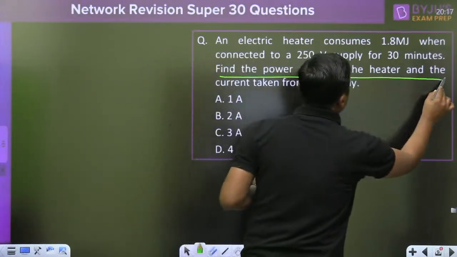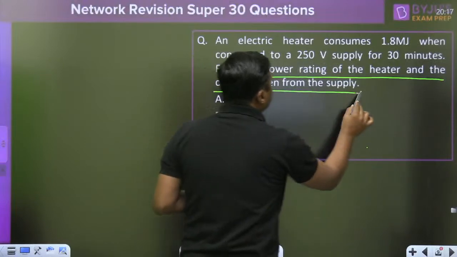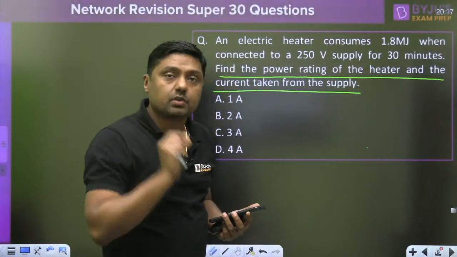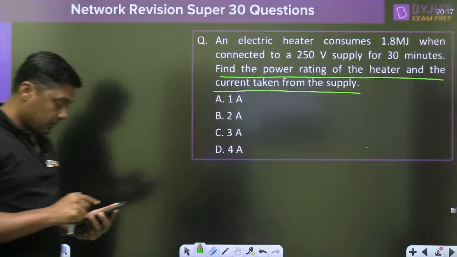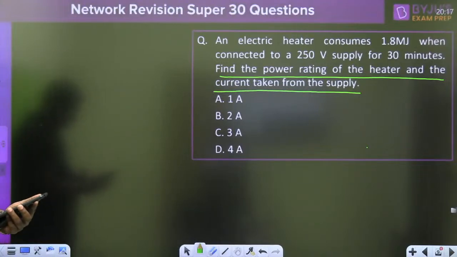Find the power rating of the heater and the current taken from the supply. A question from the very basic concept. Okay. Yes, you tell me, what will it be?